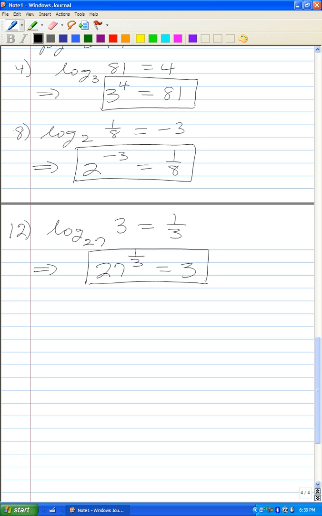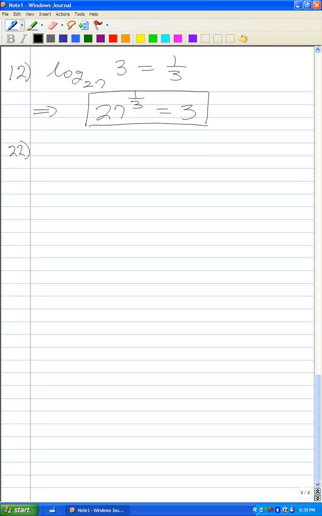We can do problem number 22. 4 squared is 16.